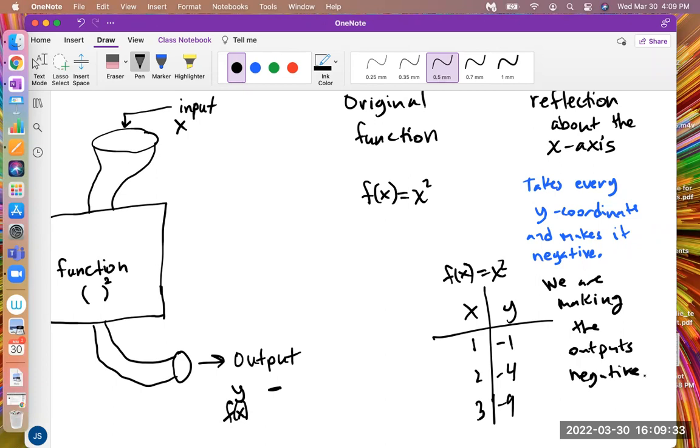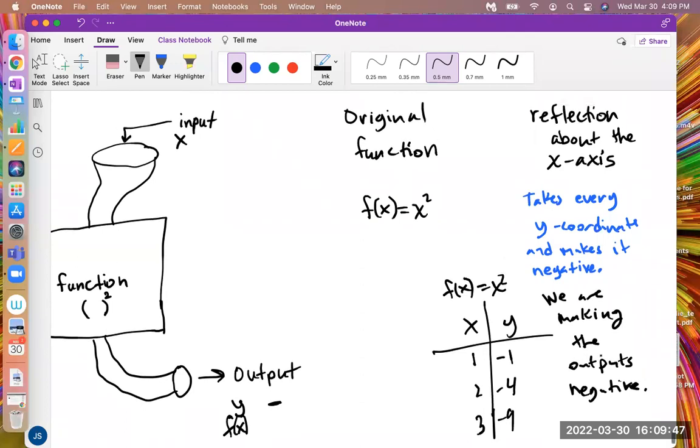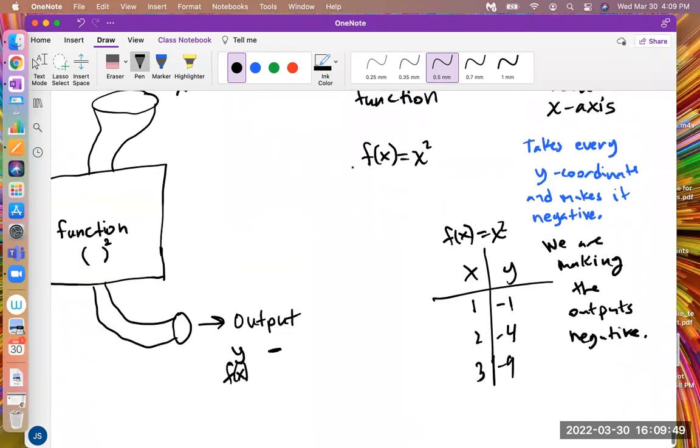You know what I mean? Opposite of what it was. Well, how do I change this function to make the output negative? Well, if the function is squaring, then I put the negative on the outside of the square. So the resulting function, if I want to take this f of x equals x squared and flip it about the x-axis, I would make the output negative by putting a negative sign on the outside of the square.